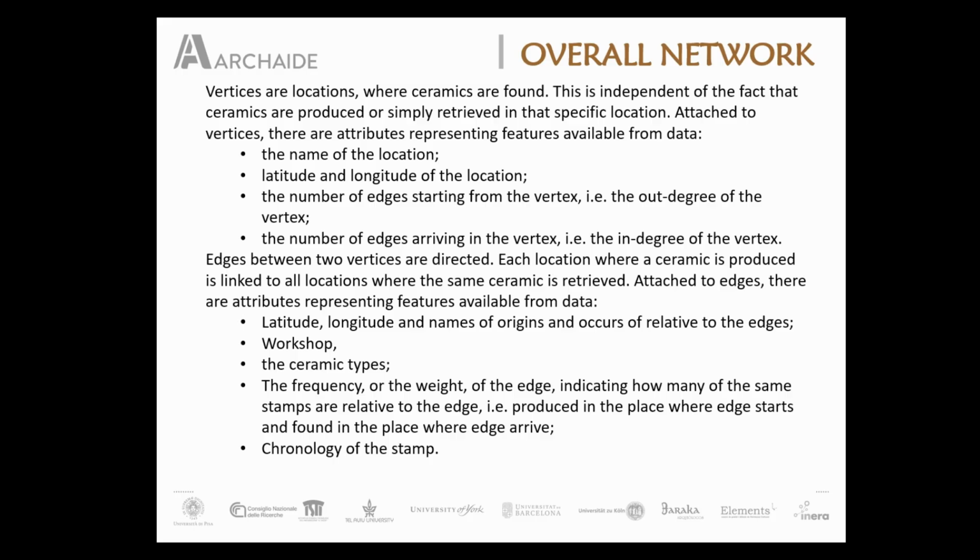This is independent from the fact that ceramic was produced or simply found in the specific location, and attached to each vertex we have the name of the location, latitude and longitude coordinates, and also the number of the edges that start from the vertex. So the out degree of each vertex, and also the in degree.